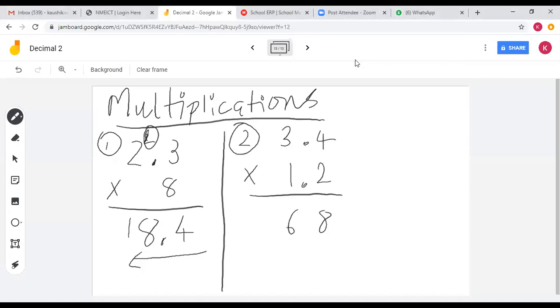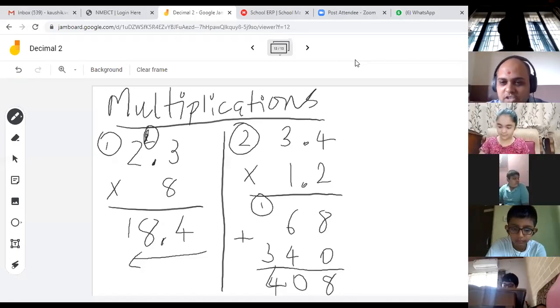Then 0 comes down here, 1 4s are 4, 1 3s are 3. Then you have to add them, which is 8, 6 plus 4 is 10, 1 carried over, 3 plus 1, 4. Okay? Yes, everyone? This is the answer.